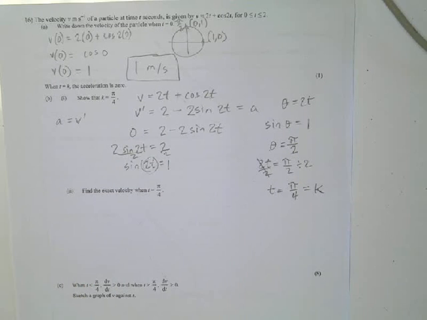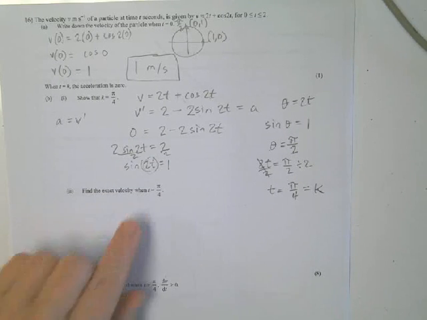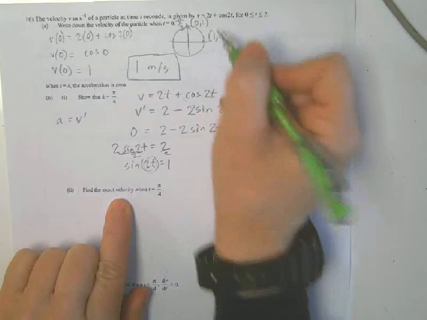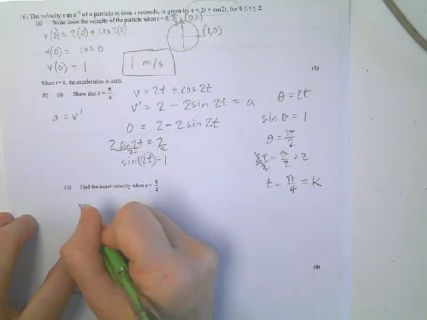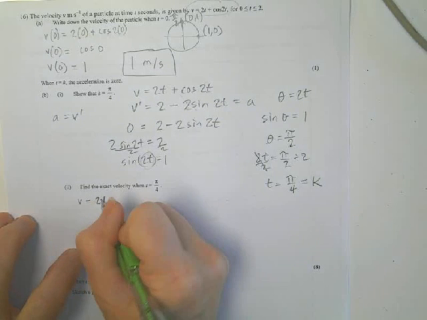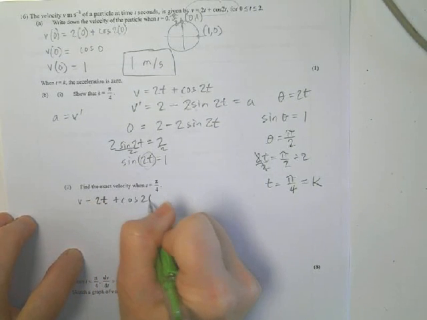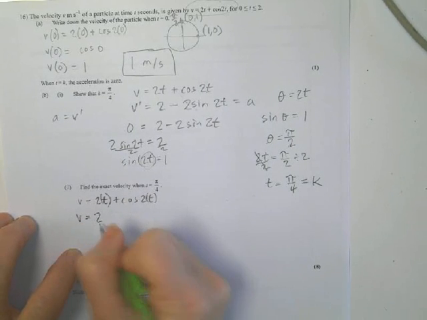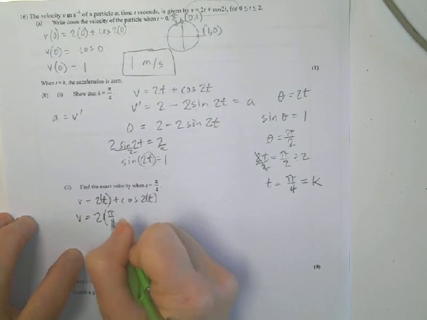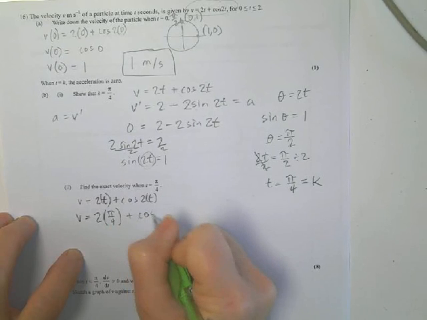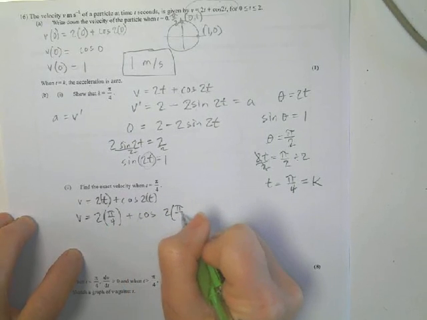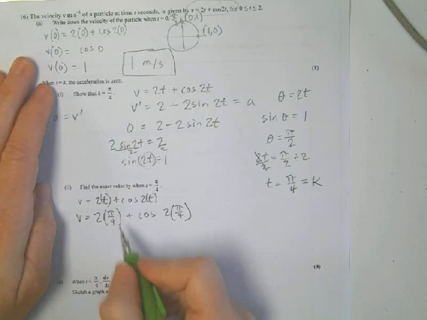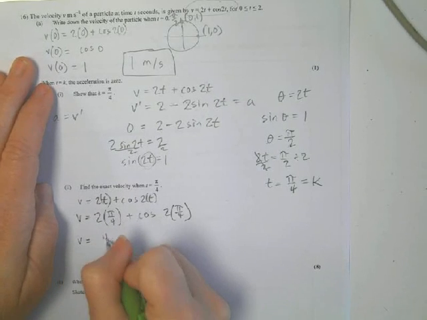Okay, find the exact velocity when time is pi over 4. So again, velocity, I'm going back to my velocity function. So my velocity is 2t plus cosine of 2t. I'm going to substitute in pi over 4. So velocity is 2 times pi over 4 plus cosine of 2 times pi over 4. 2 times pi over 4, that's just equal to pi over 2.